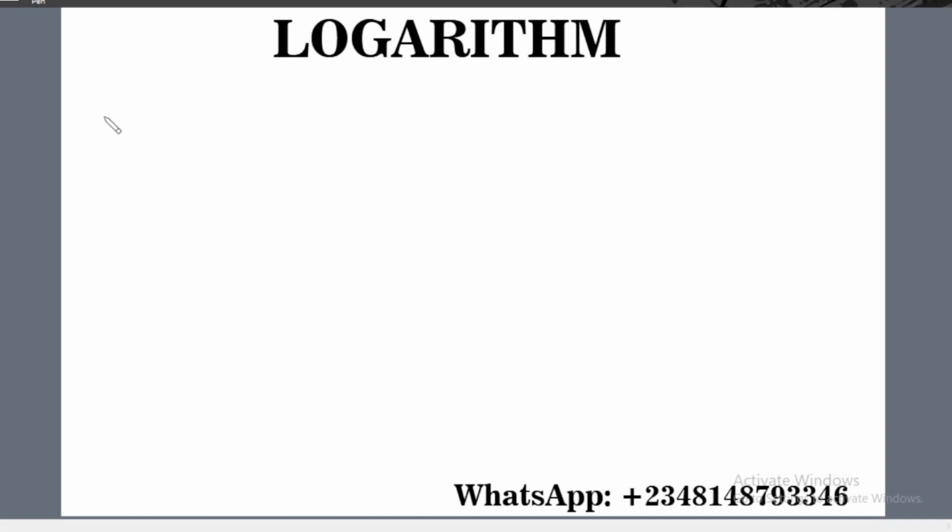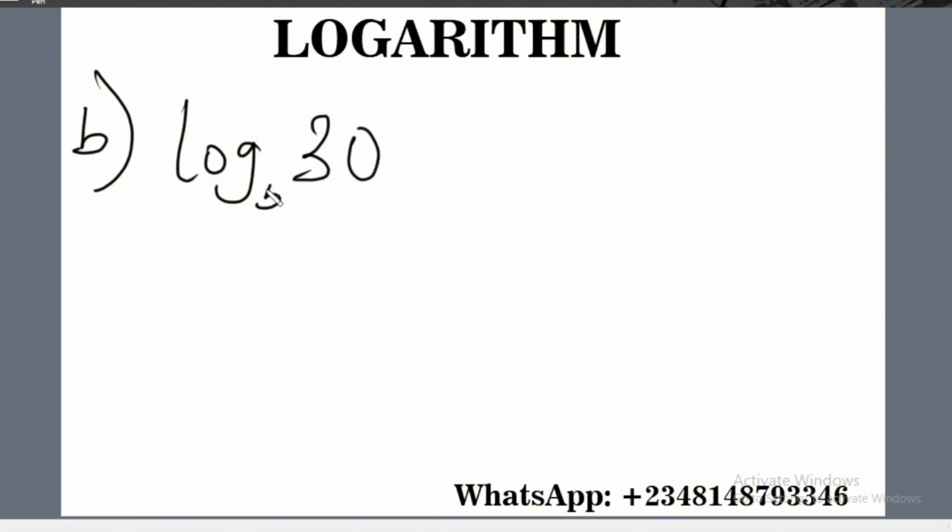So let's take another example. Log 30 to base 5 minus log 3 to base 5. According to the subtraction law, we divide the two numbers or arguments.